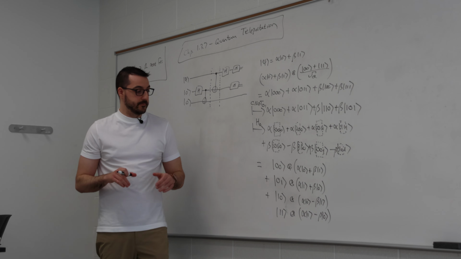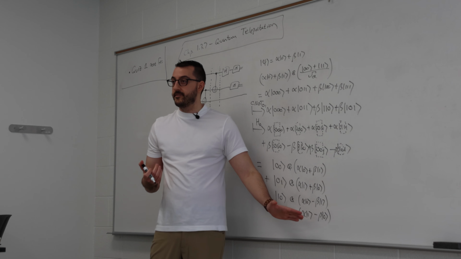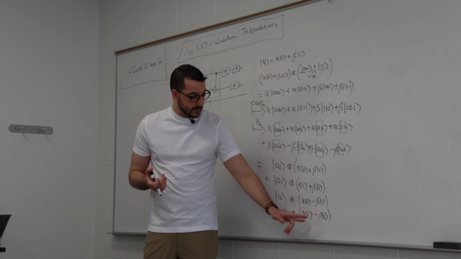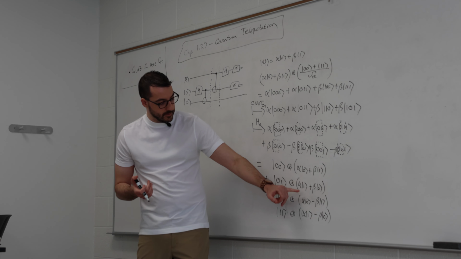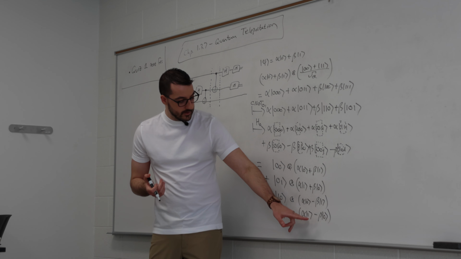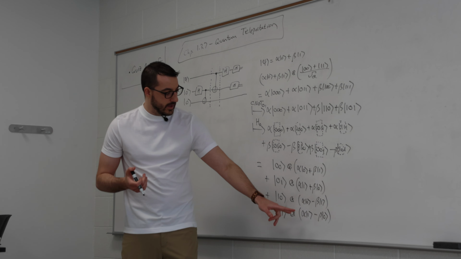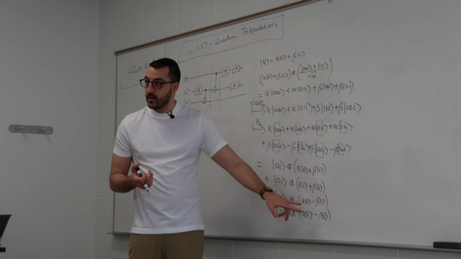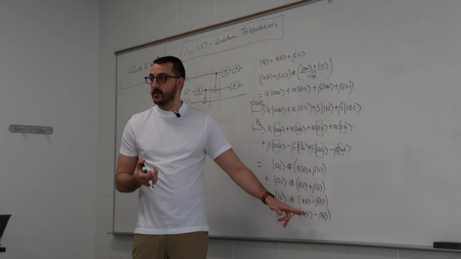Exactly right. It's a combination of a bit flip and a phase flip. So you see that it's kind of both of these two cases combined. And so we can fix this by applying a phase flip and then by applying a bit flip.